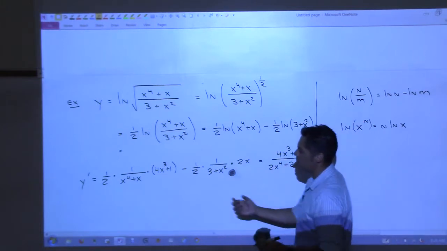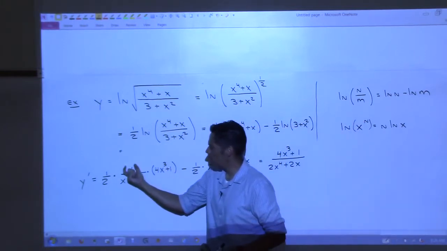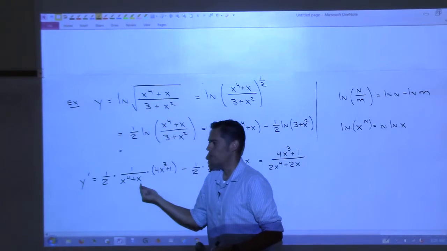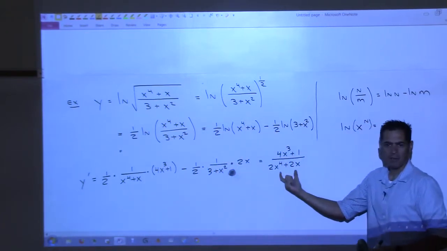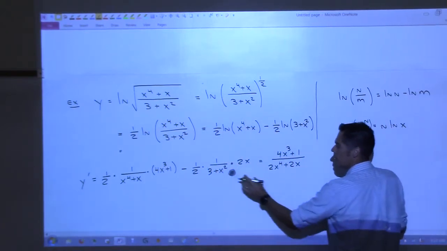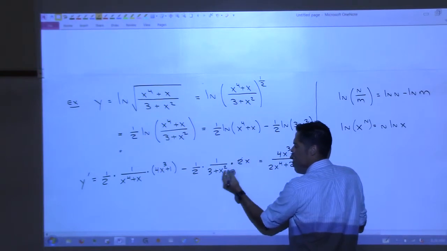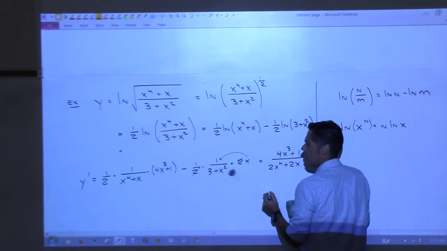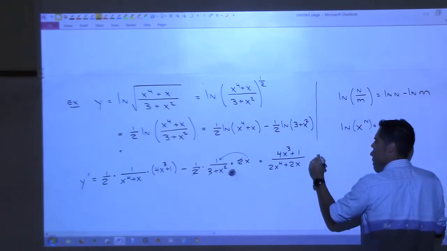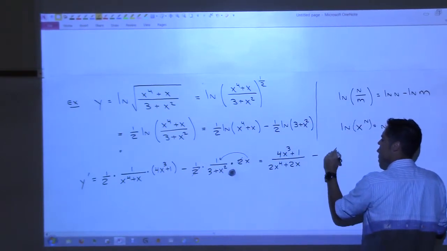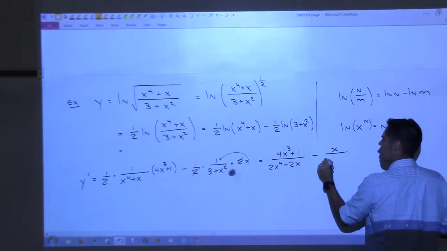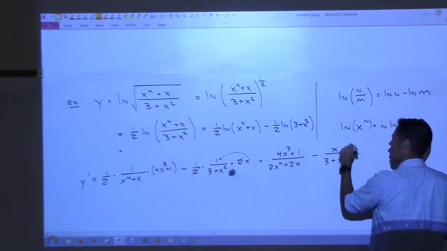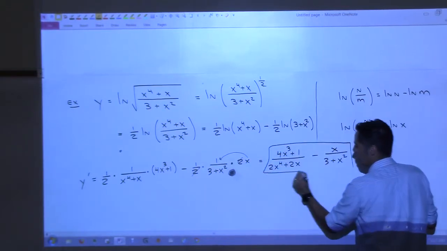So all I did here was took this, put it up here, and I distributed the 2 through to both of these terms. Is that fair? Then I have over here, see, those 2's cancel. This x can just jump on top of that there. So we just have minus x over 3 plus x squared.